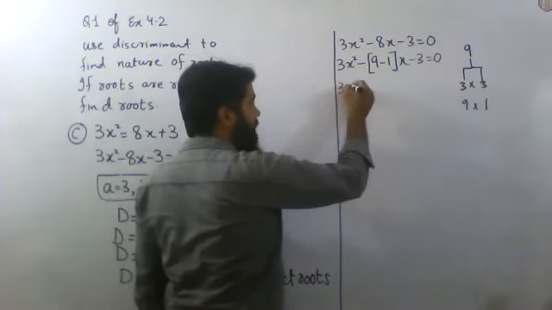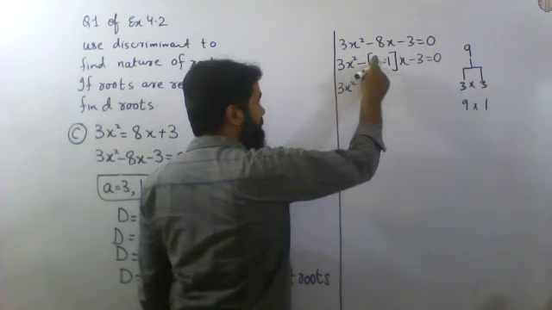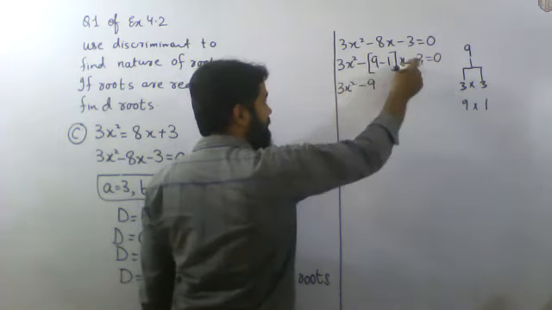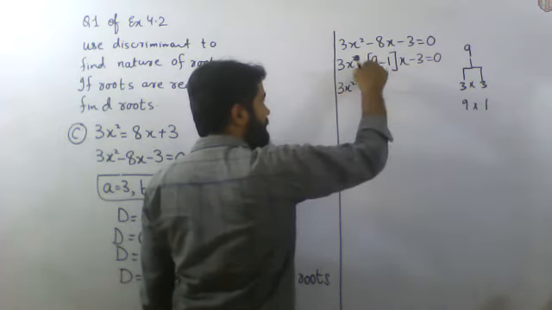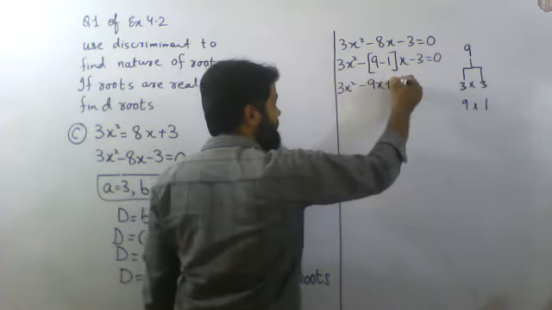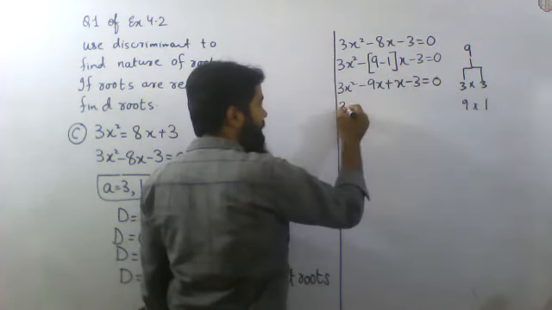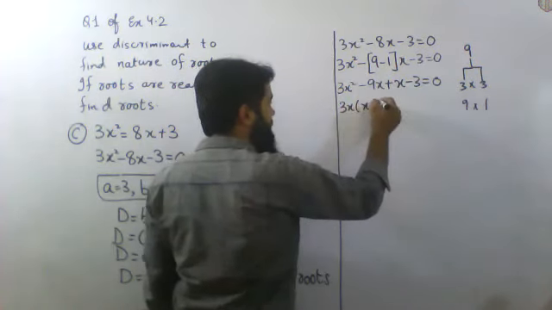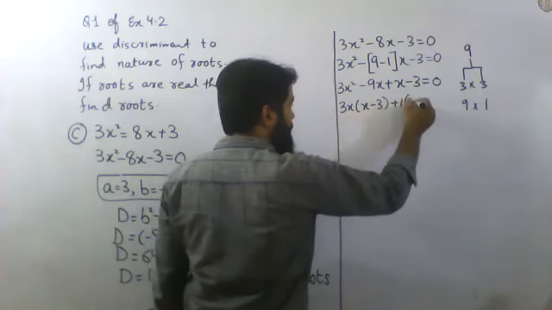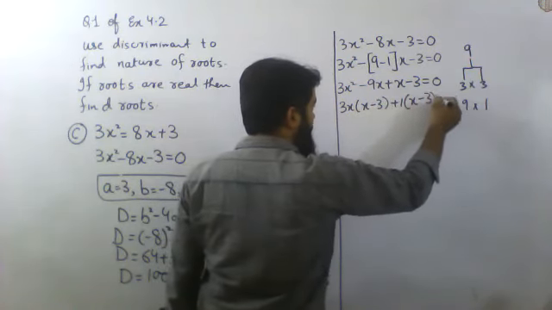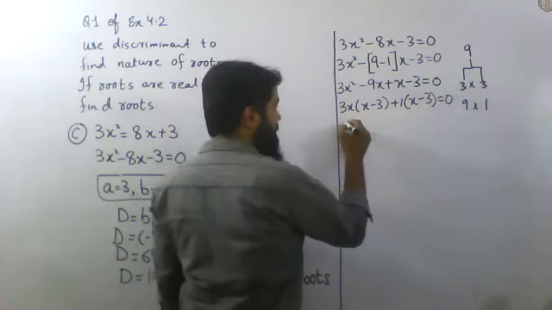So 3x square minus 9x plus x minus 3 equals to 0. Simplify it. 3x common, x minus 3, plus 1 common, x minus 3 equals to 0.